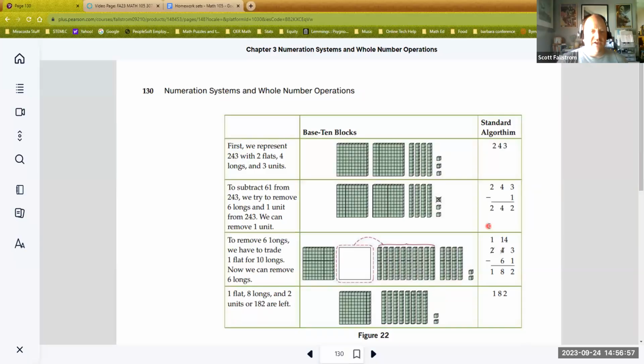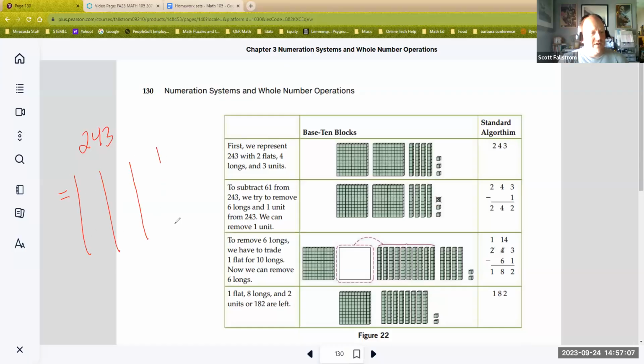And we saw that with place value, and I'm going to just pause for a second because I think it's really important. So if we had 243 as a number, right? And you can think of that in column form, right? So here's your ones, here's your tens, here's your hundreds. You could think of that as 2 groups of 100, 4 tens, and 3 ones. Totally agree. You could think of it as one group of 100 with 14 tens and 3 ones.